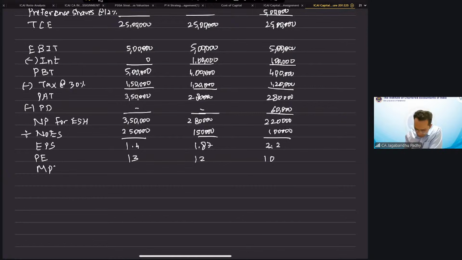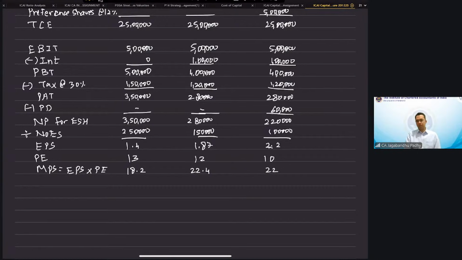So we can calculate the market price per share as earnings per share into P/E ratio, which is 1.4 into 13. That's 18.2. In the second case, that's 22.4. And this is going to be 22.